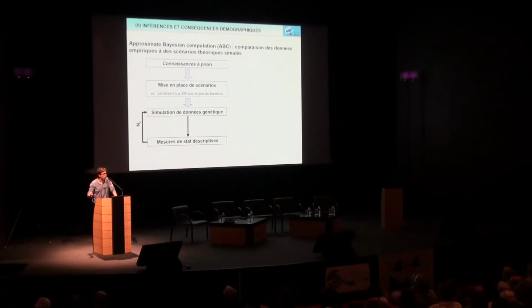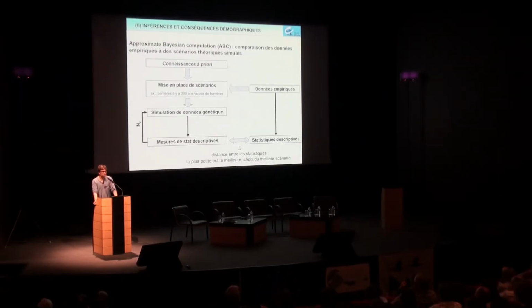For each scenario, I simulate genetic data, and for each scenario, I'm looking for descriptive statistics. I repeat that 1,000 times with different parameters of size, migration, so that I cover all the possibilities.